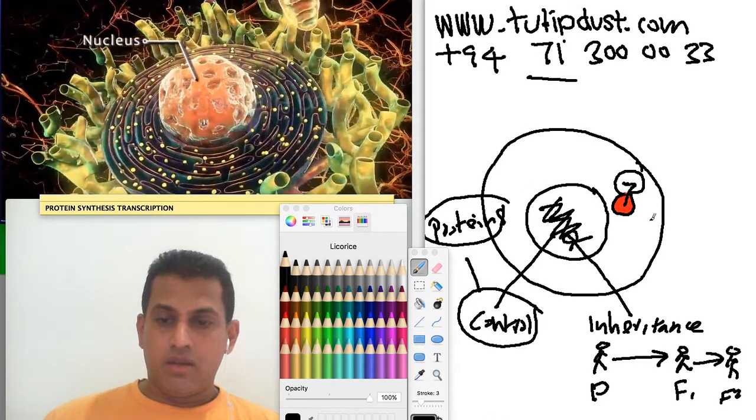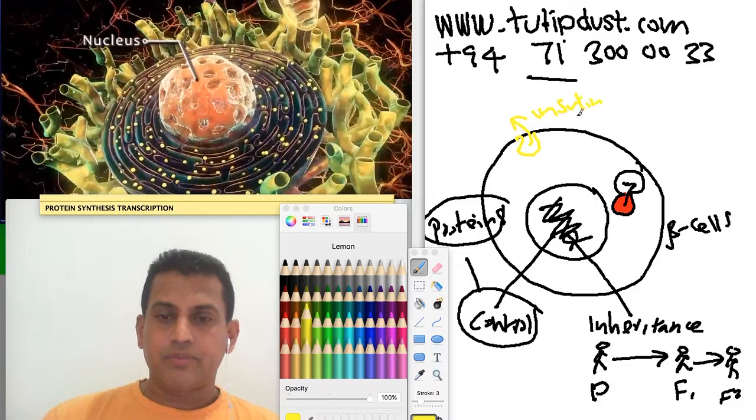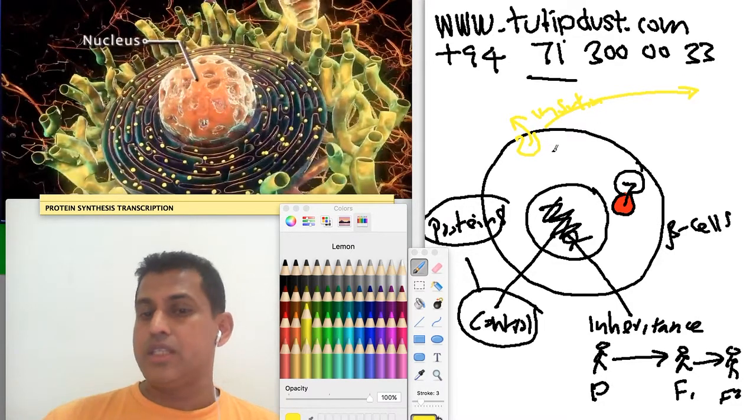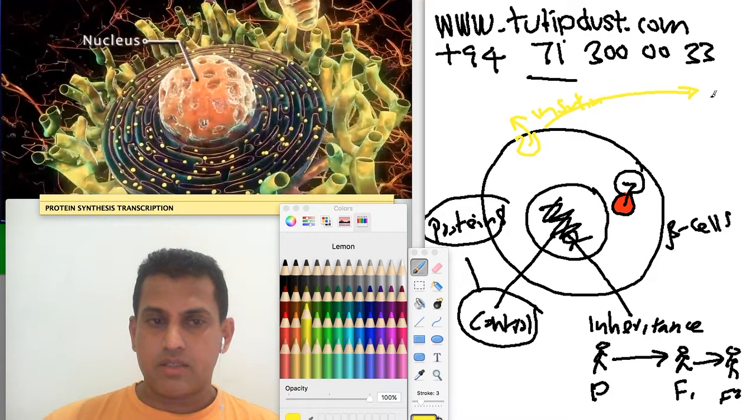Let's say beta cells of the pancreas, what does it do? It just secretes insulin by exocytosis. And insulin, from the distal part of the cells, that is not in the cell but maybe the other side of the cells, does its function. That is controlling the glucose level.